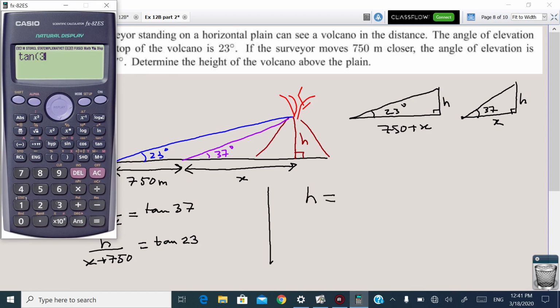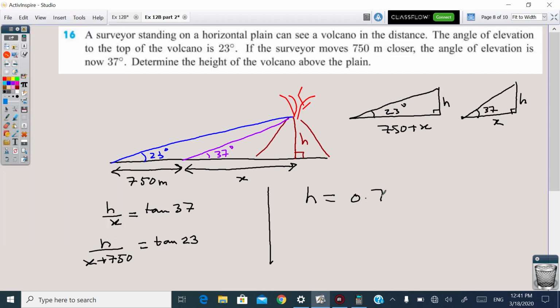Tan 37 is equal to 0.7536. This is tan 37 times x. So this is equation 1, and that's how it becomes after multiplying both sides by x and evaluating tan 37.